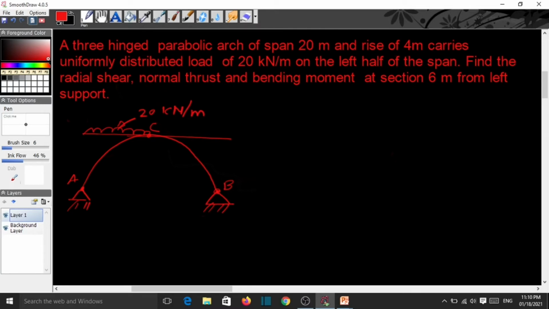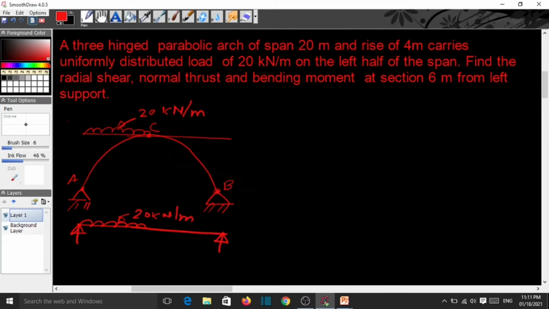Now the first step is to calculate the reactions. For that we consider a simply supported beam for the sake of convenience, because always here it is a beam plus the H. This intensity is 20 kN per meter.